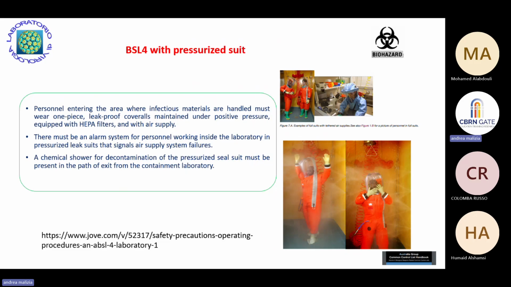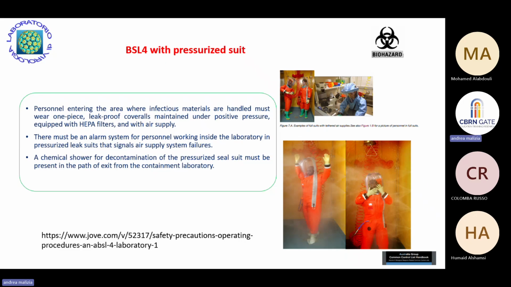BSL4 with the use of a pressurized suit is a completely different procedure. It's very difficult to work because the structure is difficult when you use the suit. It's difficult when you dress. It's difficult when you undress. The building structure is also different.